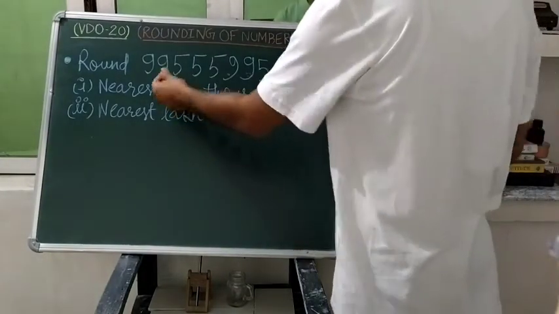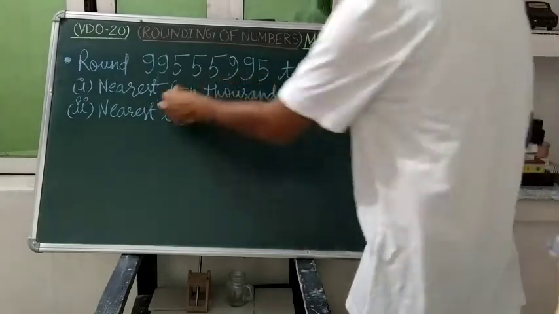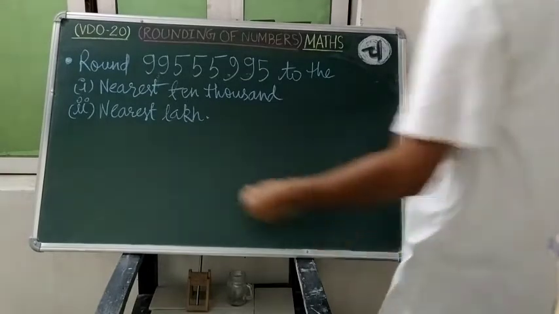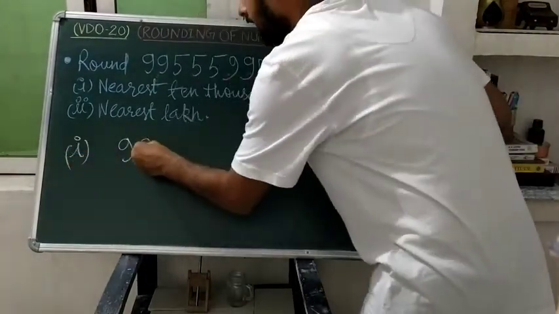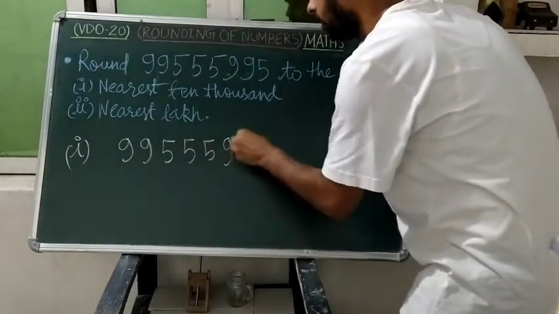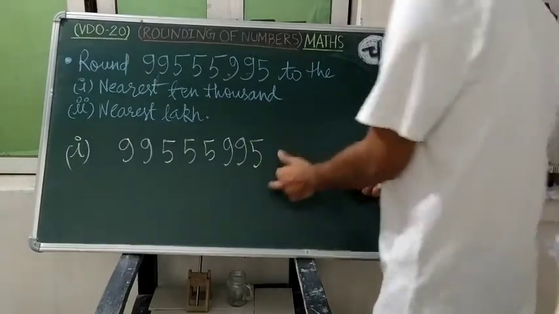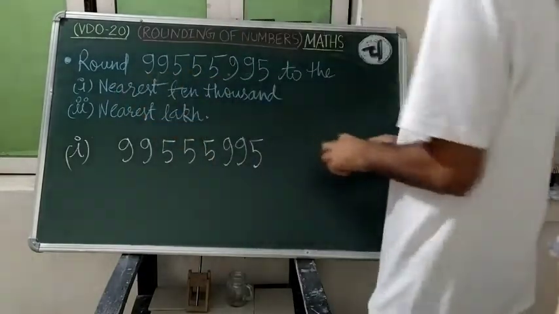Next is to round 99,555,995 to the nearest 10,000 and nearest lakh. First we are doing 99,555,995, and the first one is saying to round to the nearest 10,000.